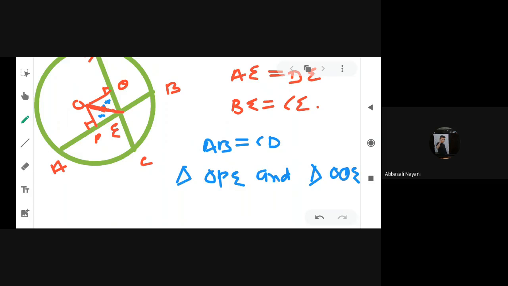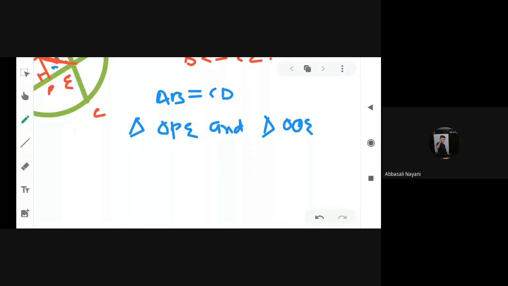Consider these two triangles, and we have to compare some points. In these two triangles, OP and OQ are always equal because they are the perpendicular distance from the center point, and if the length of the chords is equal, then this perpendicular distance is always equal.